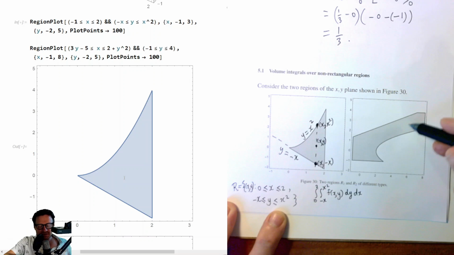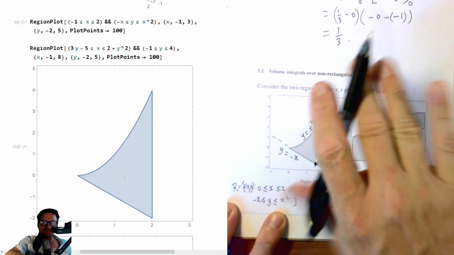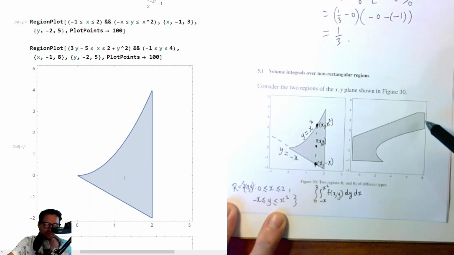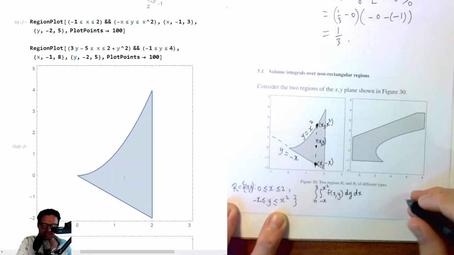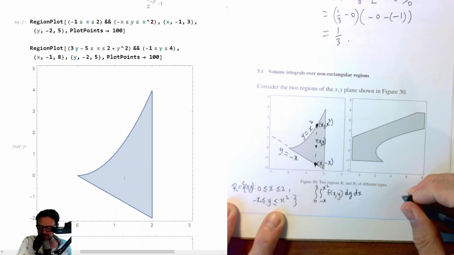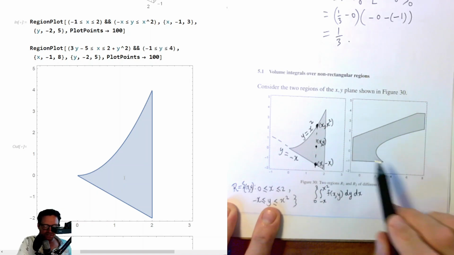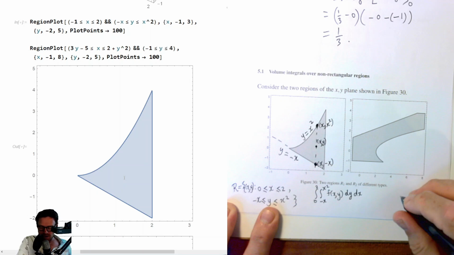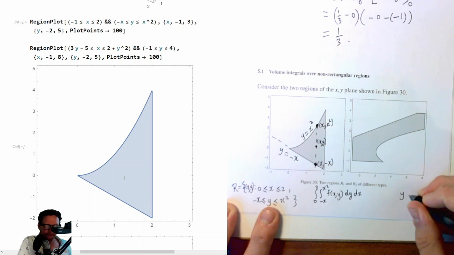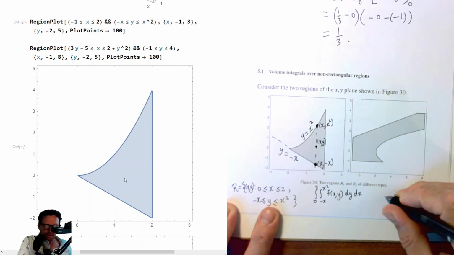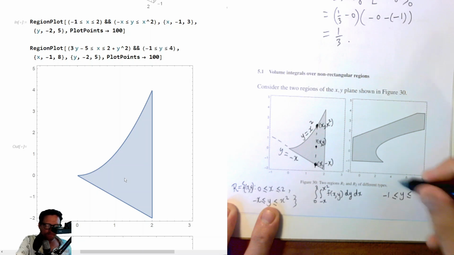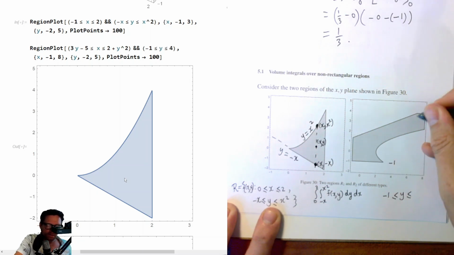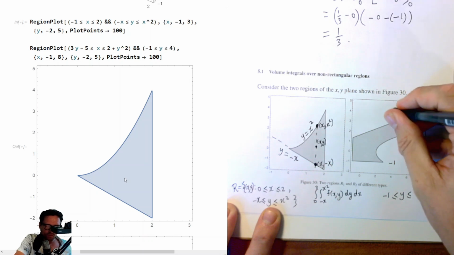Okay, now if we look at this little region here, and again think about integrating some surface where this is the region of integration, no longer rectangular. Here in this one we see that x is between a function and a function, and y is between minus 1, and up here we've got 4.